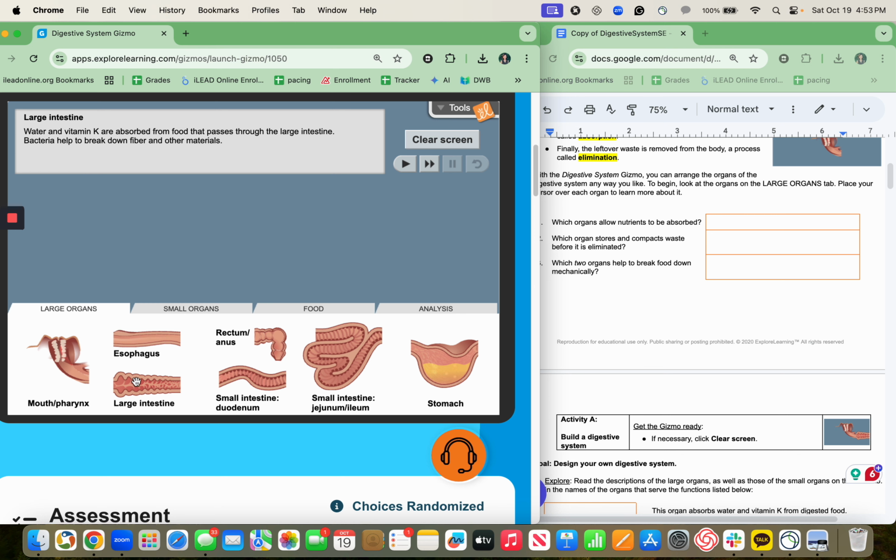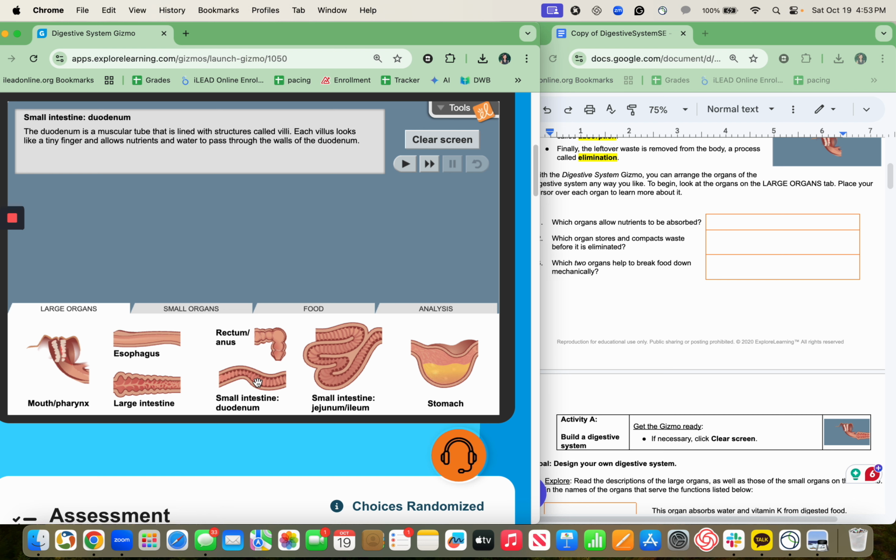The large intestine, water and vitamin K are absorbed as the food passes through, and bacteria helps break down the fiber and other materials. Rectum and anus stores and compacts waste. Small intestines is a muscular tube lined with structures called villi. Each villus looks like tiny fingers and allows nutrients and water to pass through the walls of the duodenum.